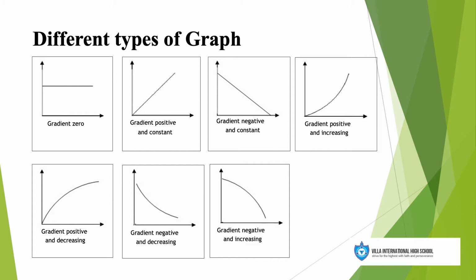The equation is y2 minus y1 divided by x2 minus x1, which means delta y divided by delta x. There is positive gradient, zero gradient, negative gradient, and gradient can increase or decrease. These are the basic things to remember before going to the graphical representation of motion.